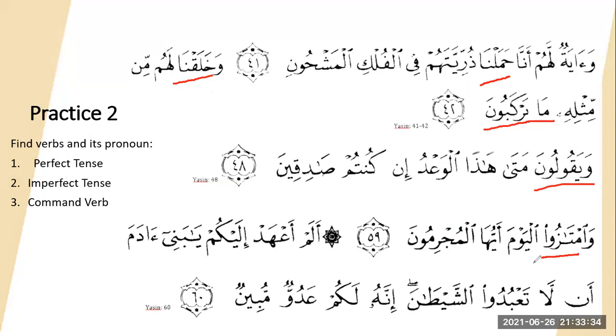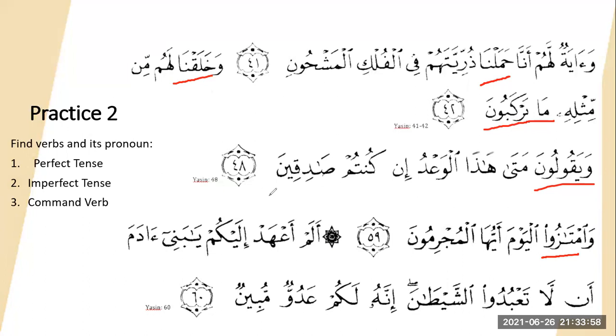And we can recognize a command by the hamza. Okay. What about first person? The verb with first person, isn't it also hamza? Yes, but that is a hamza with fathah, like "ahad".